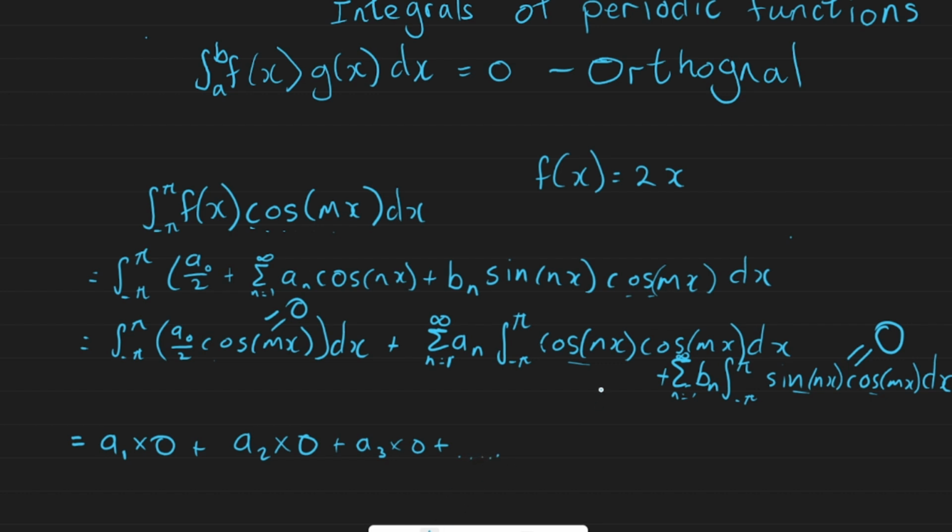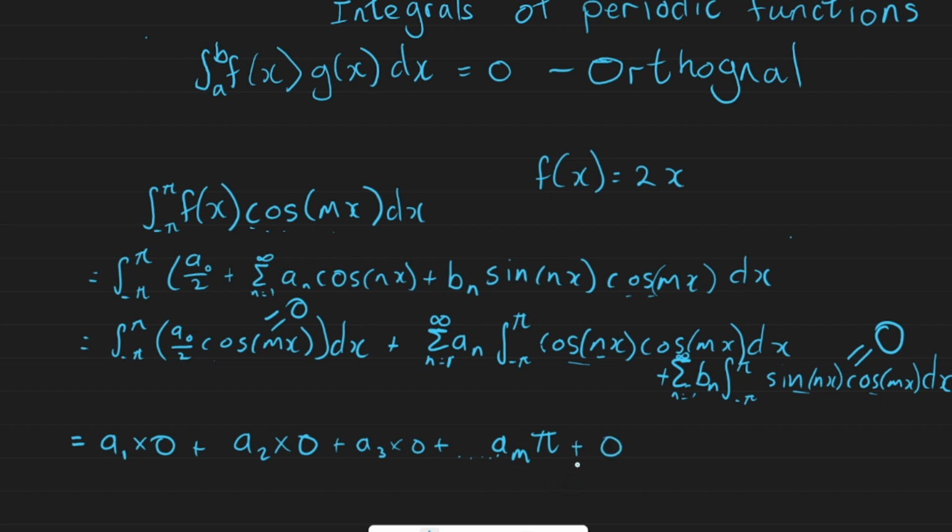We can carry on like that. And at some point, since we're considering all values of n, n is going to equal m. So when n becomes m, this integral is going to take on the value of pi. And it will carry on being 0.